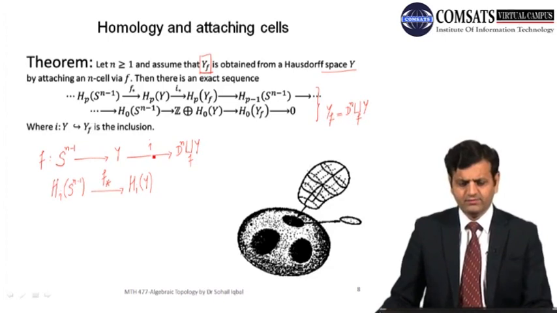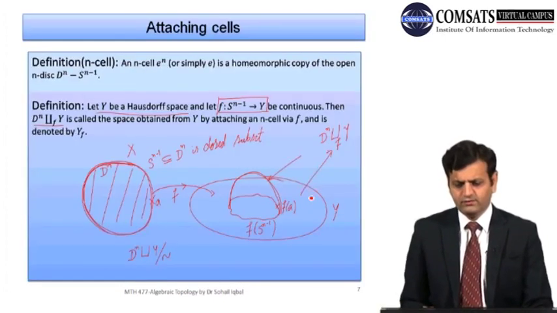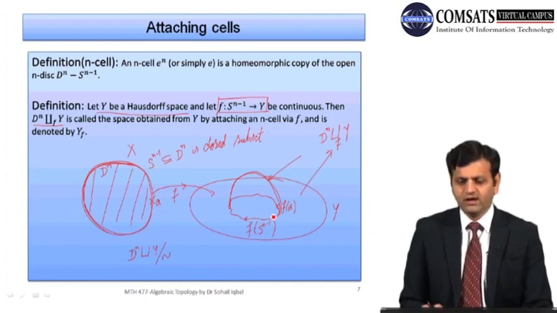So what is this inclusion? Let's go back and see pictorially. Observe that we just attached this space X with this space Y, and we haven't deleted anything from Y. The only thing we are doing is identifying some points of Y with some points of this Sn minus 1. Identifying doesn't mean that we are deleting those points, so those points are there.